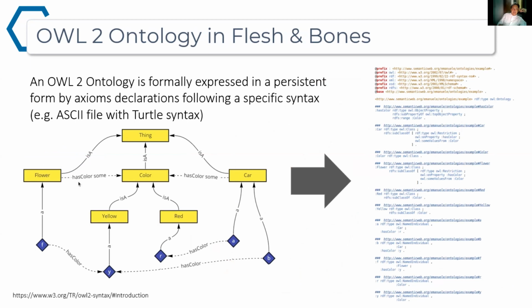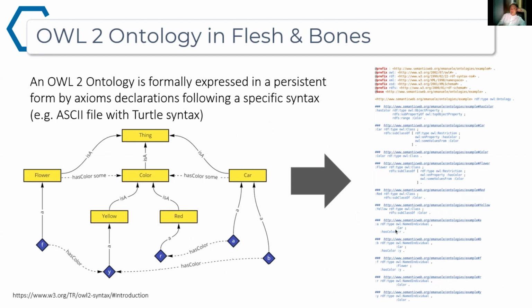This graphical representation can be serialized in RDF, so it can be expressed in this case using a Turtle-based serialization, in which each statement about things is formalized in terms of triples. So subject, predicate, and object are the way in which we express a statement about things.